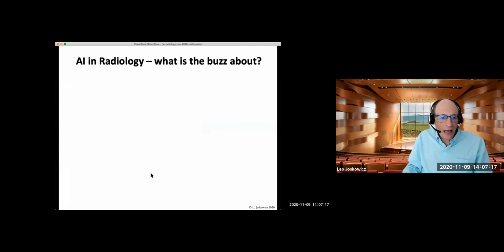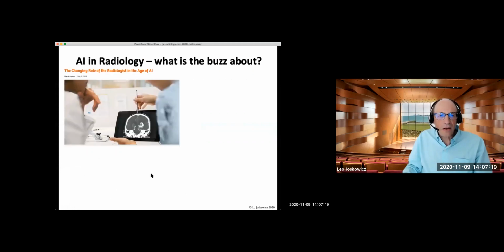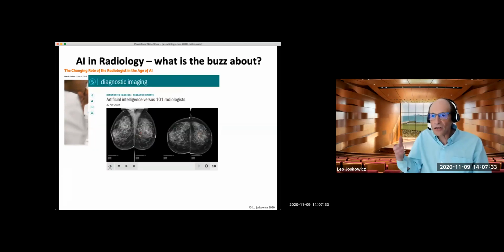And nowadays, in the last few years, there's been a lot of buzz in the combination of artificial intelligence and radiology. You see mostly publications from the radiology journals. The radiologists are the clinicians who are responsible for the medical images in the hospital.